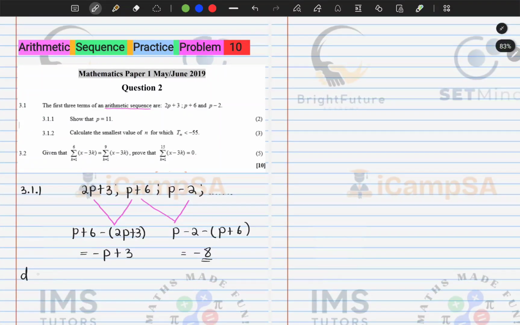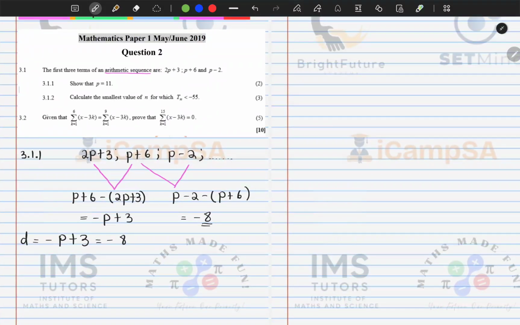So what we know about our common difference is that it will be equal. So our d will be negative p plus 3, but it will also be equal to negative 8. So we can solve for p, where we have negative p plus 3 equals negative 8.